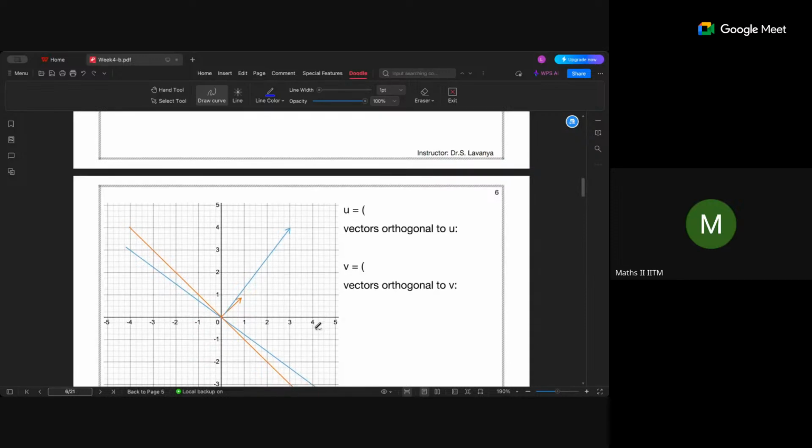Okay, so we are moving to the next concept, which you already have some idea about. We are just going to give some name for it. That's all. So what is this vector here?